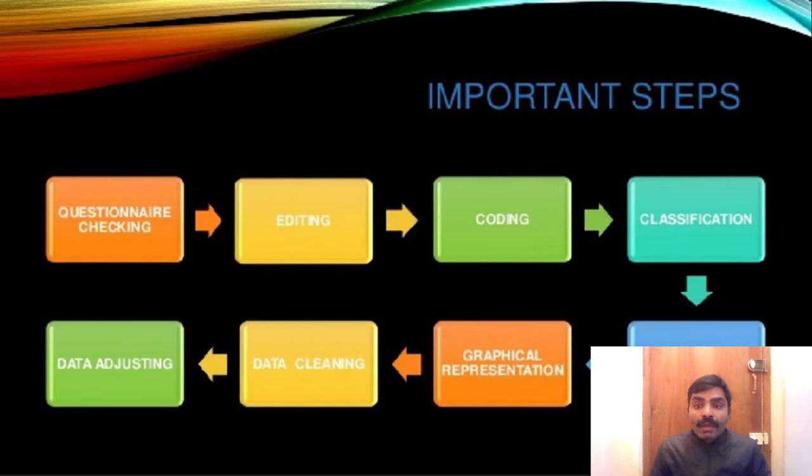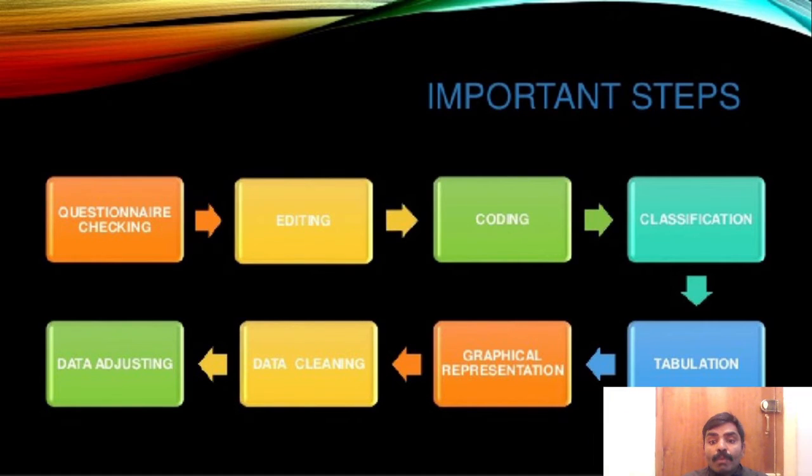Then after coding, the systematic classification is required. With all these things, the researcher needs to tabulate certain information regarding graphical representation, then data cleaning, then data adjusting. All such things need to be involved in systematic data analysis.